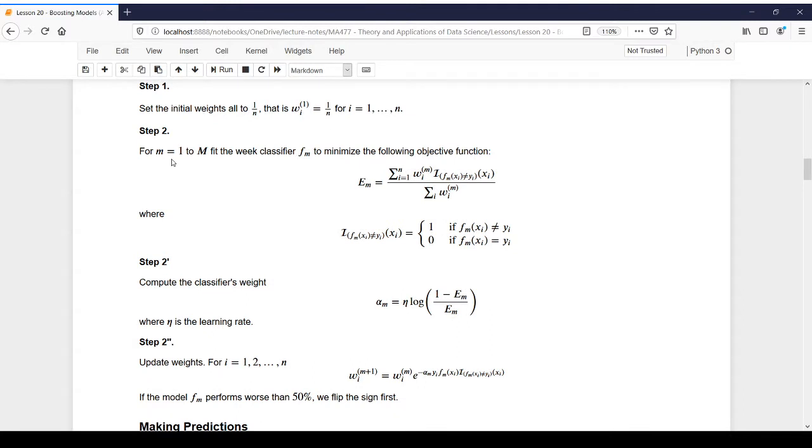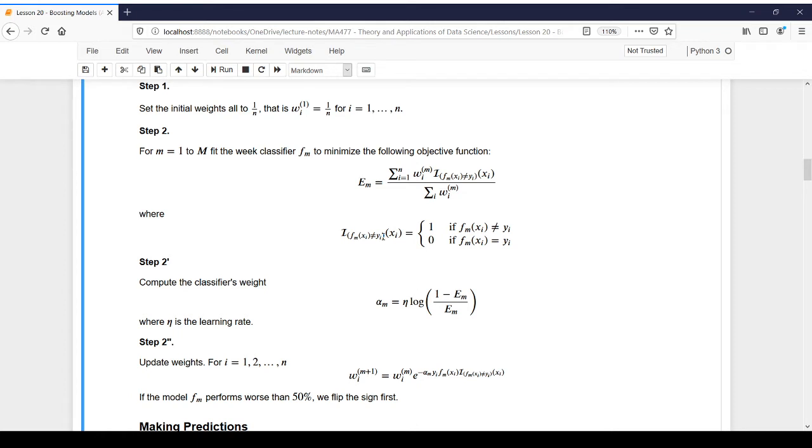Step 2. For each of the weak learners, you want to fit the weak learner in such a way that you minimize this objective function. Let's pay attention to what's happening to the numerator. This is the indicator function.